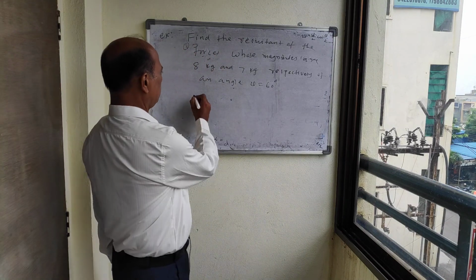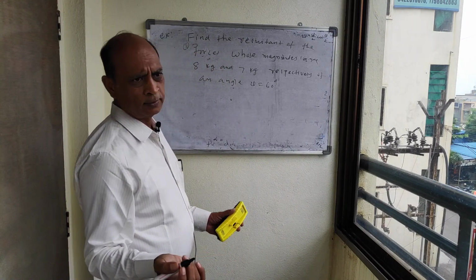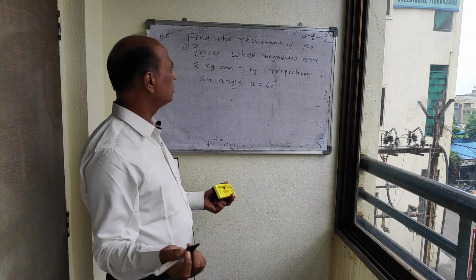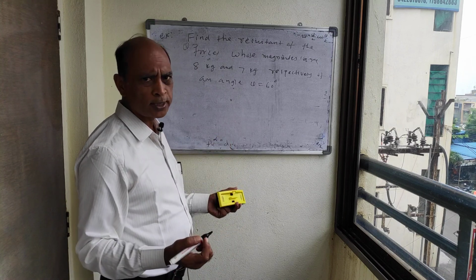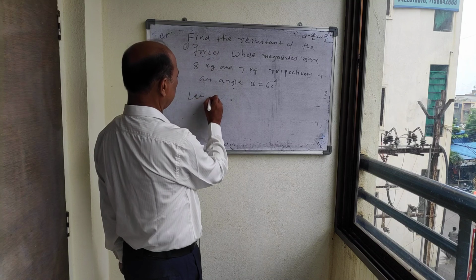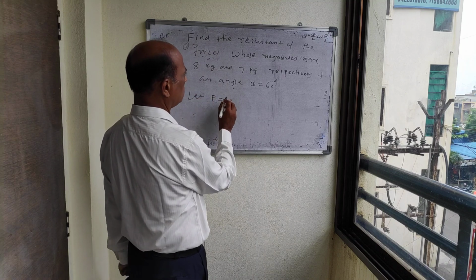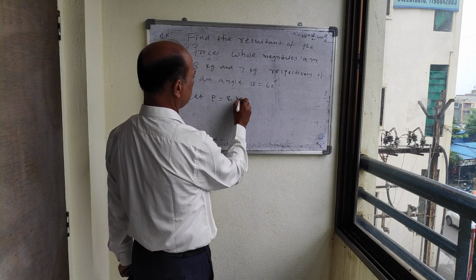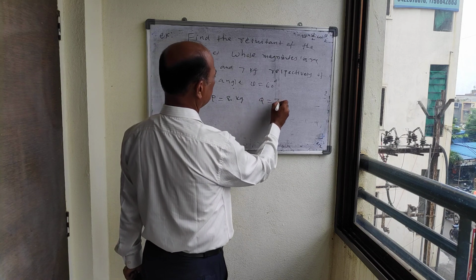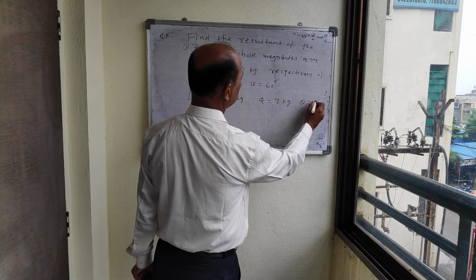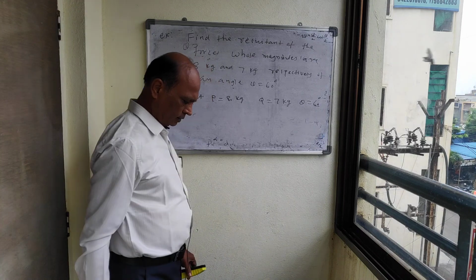So here two forces are given, and the angle between the forces is given. We just have to find the resultant of these two forces. So let P, the magnitude, be 8 kg, and Q be 7 kg, and theta is equal to 60 degrees.